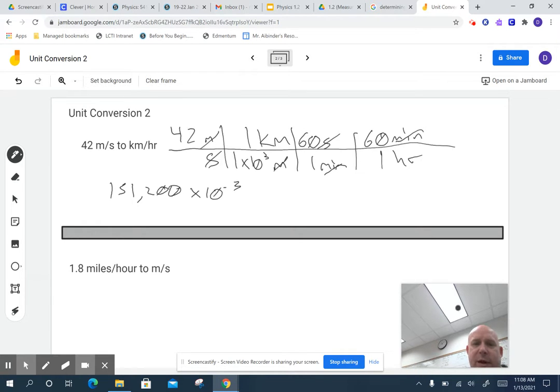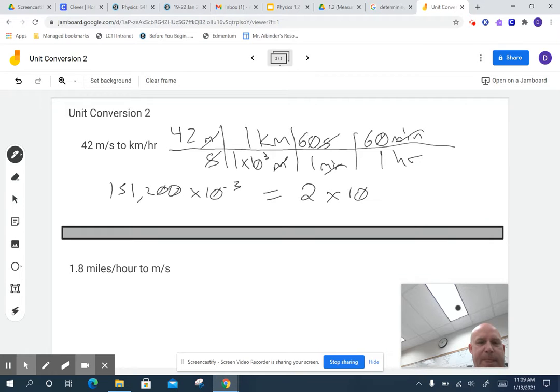Now, let's look around. Let's go with 1 significant digit. So let's make this a 2. So that would be 2 times 10 to the, now we had a negative 3 here. 1, 2, 3, 4, 5.